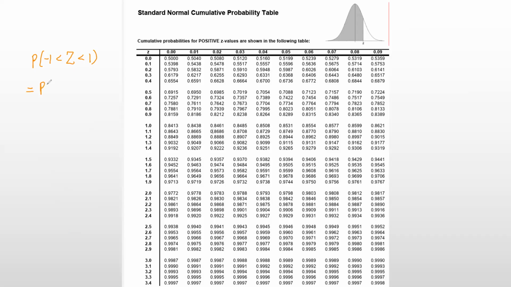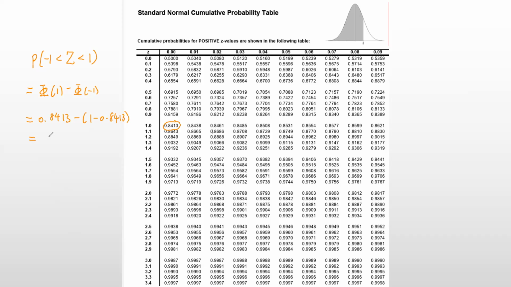So the probability, let's use phi. I'm introducing all these notations. Phi of 1 minus phi of -1. Phi of 1 is pretty easy, 0.8413, minus... -1 is the left tail, so it's 1 minus 0.8413.